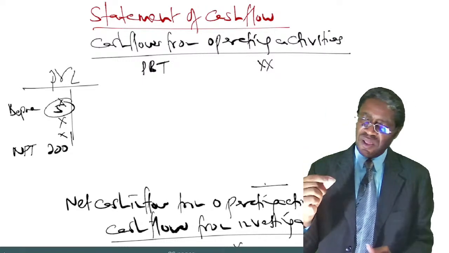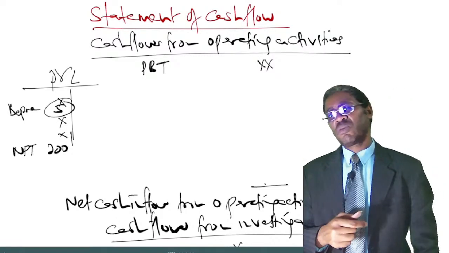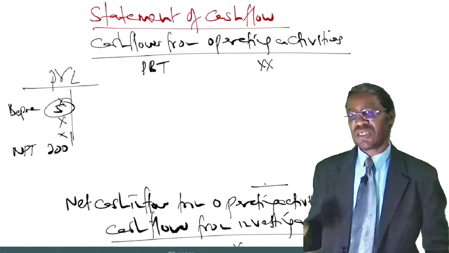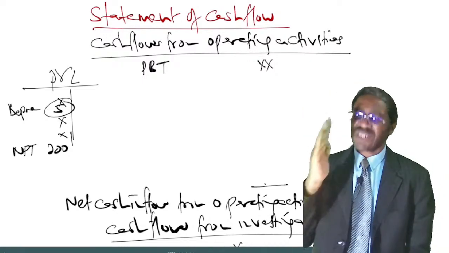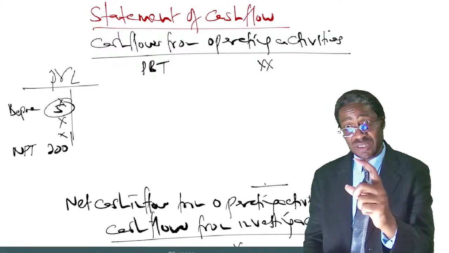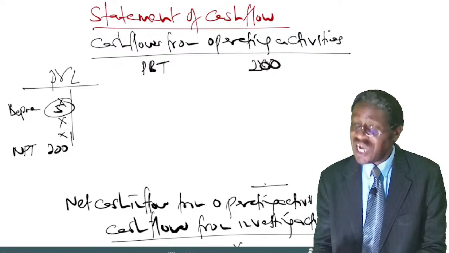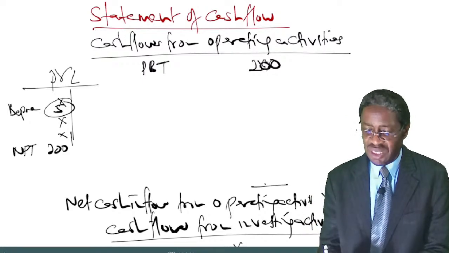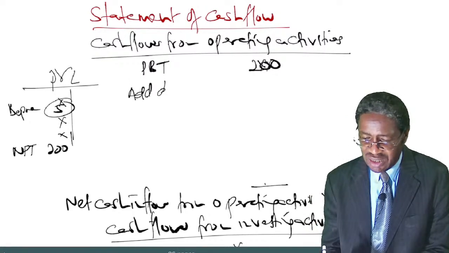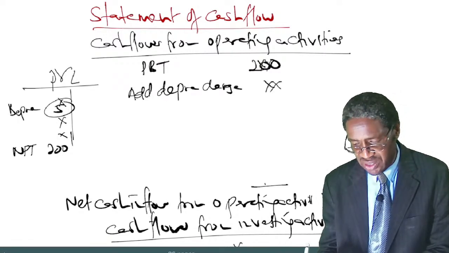We know when expenses are overcosted, profit is undercosted. So to correct this 200 million we are assuming, and assuming it's the only item, then you will come back and add that depreciation charge, whatever it is.